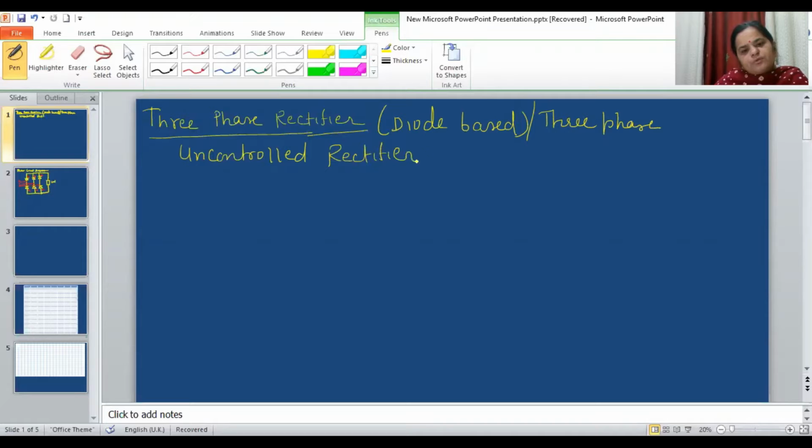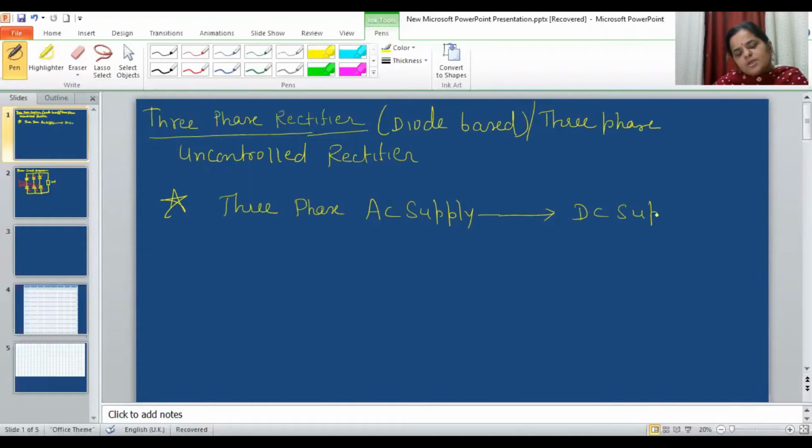That means the output will not be controllable because the diodes are uncontrolled devices. The first thing is that it converts a three-phase AC supply into a DC supply.